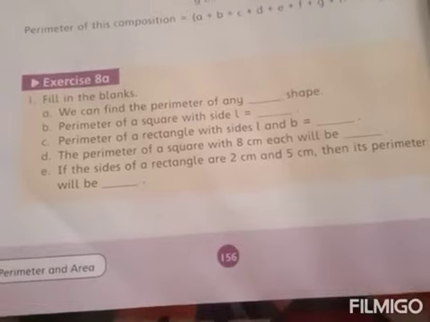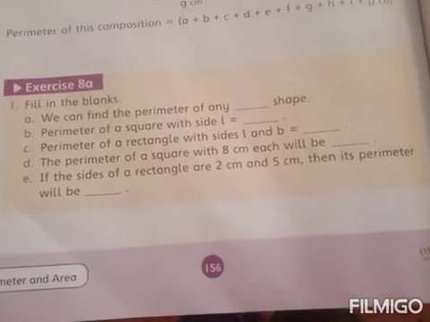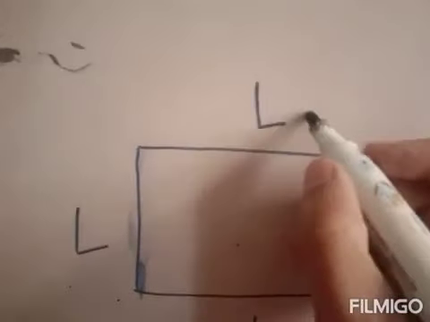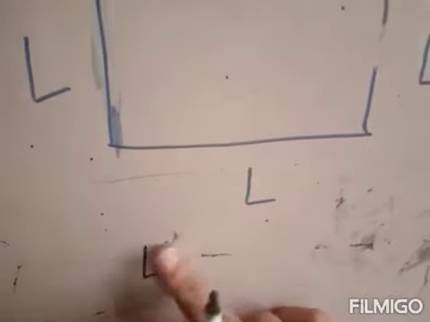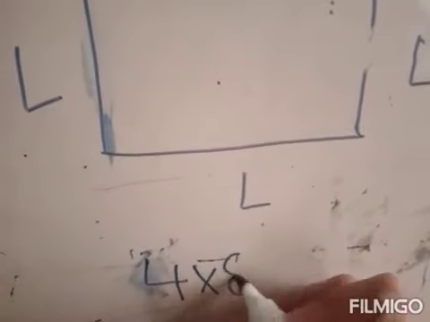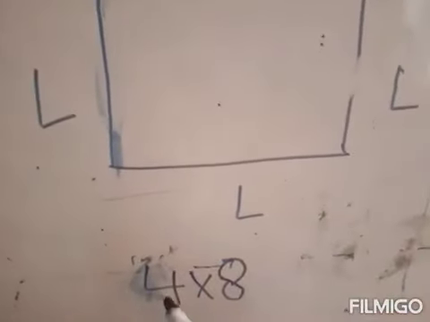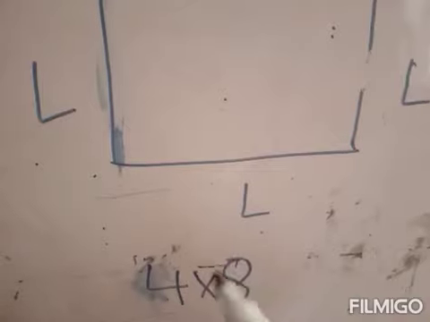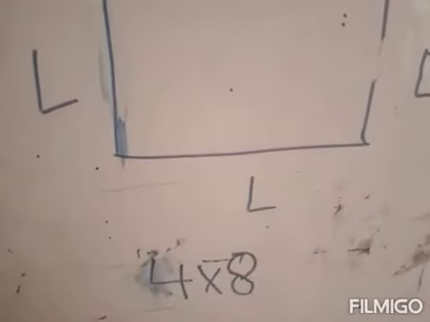Our D part is the perimeter of a square with 8 cm each will be equals to dash. So now if we consider L equals to 8, so its perimeter will be equals to 4 multiply by 8 because the formula of perimeter of a square is equals to 4 into L. So if L is equals to 8 centimeter, so its perimeter will be 4 multiplied by L. 4 8s are 32.